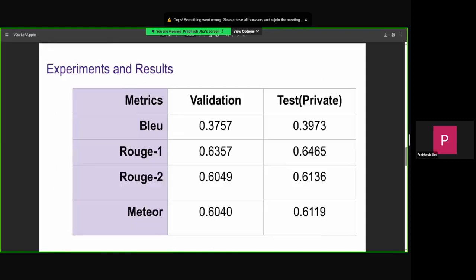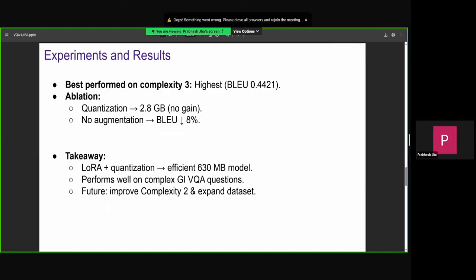So this is our result on both the validation and test datasets. We got BLEU of 0.3757 on the validation, and on the private dataset 0.3973, ROUGE-1 of 0.6357 and 0.6465 on the private dataset, and other similar results. Talking about the results, complexity level 3 questions had the highest BLEU score.